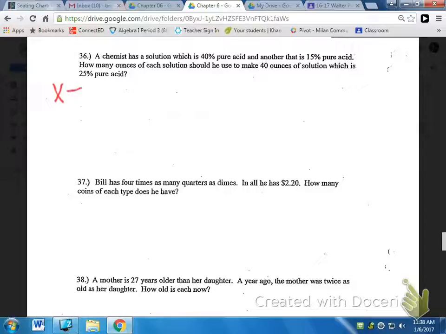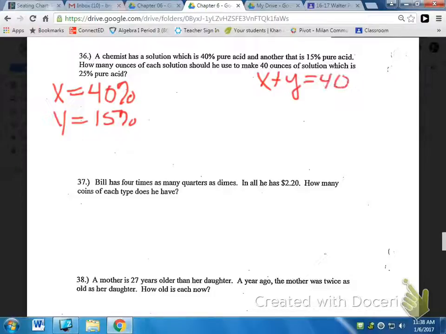We're going to say x is the 40% amount, and y is the 15% amount. We're going to combine these together to get 40 ounces, okay? So x plus y equals 40 ounces. But now we got to talk about the percentages, and it's just like that mixture problem I showed you on Wednesday.